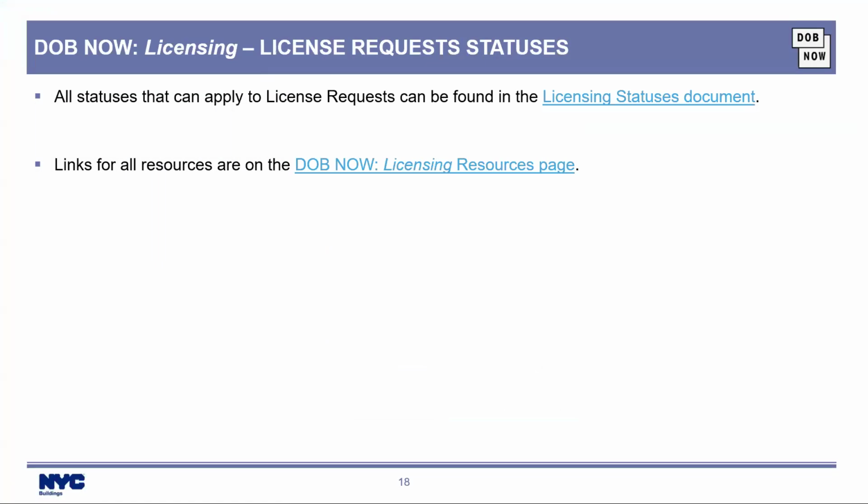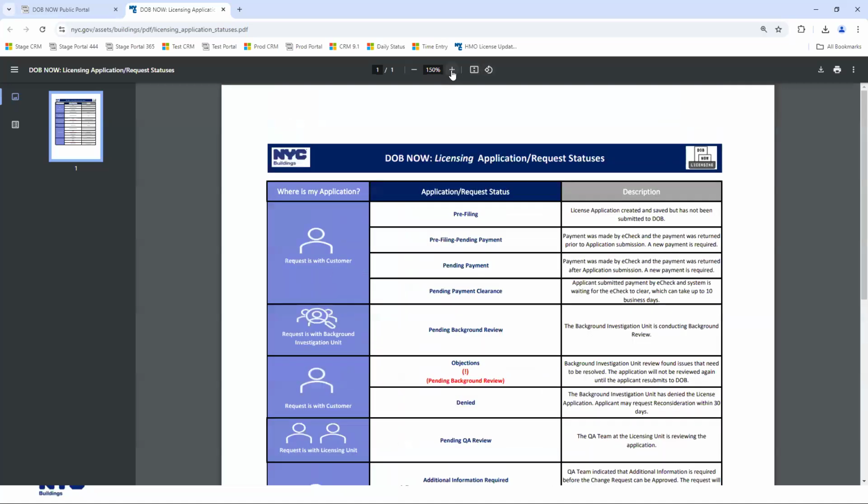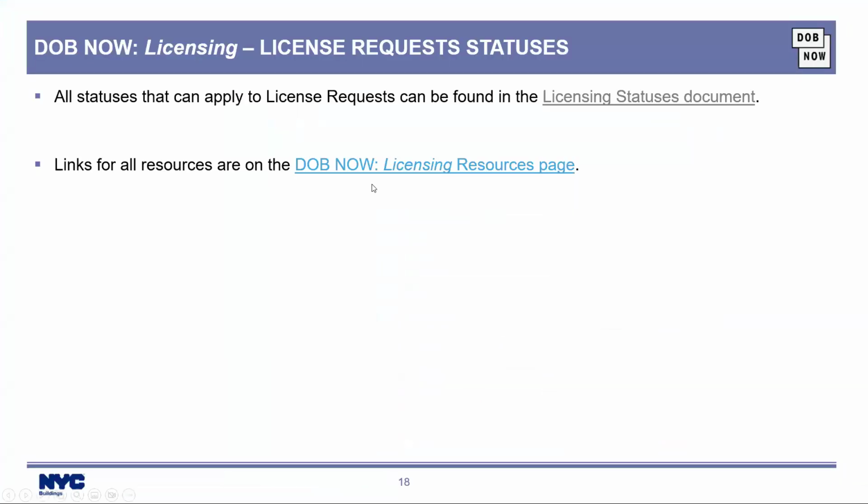Now, statuses similarly are found in the licensing statuses document, which I'll show you briefly. This tells you what status you're going to see on DOB Now licensing, and what each one means. I'm not going to go through this in detail, but you can look through it there.